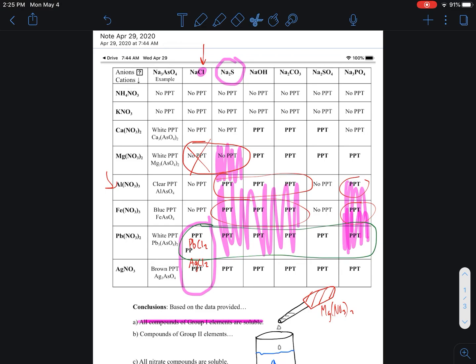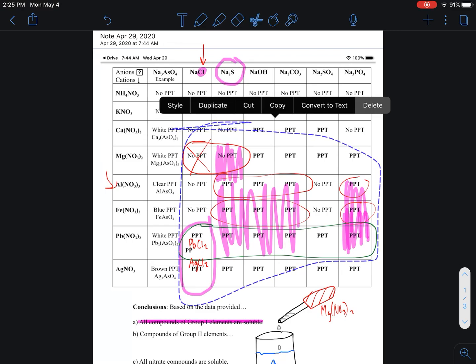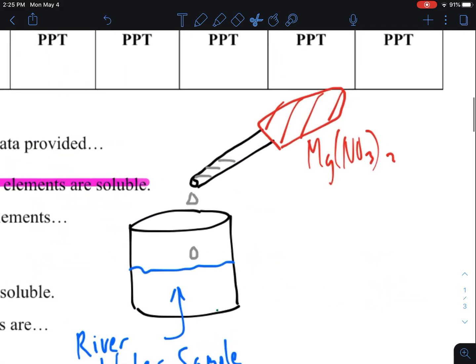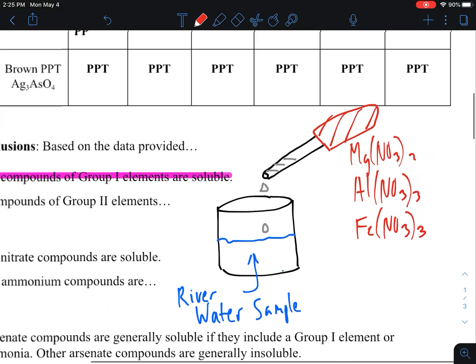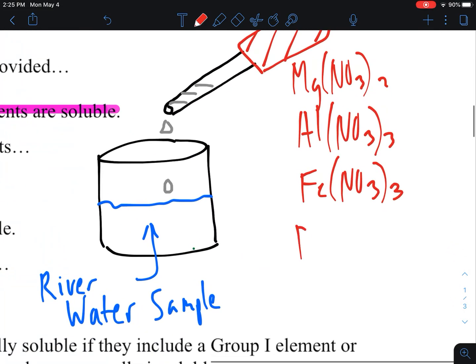Okay? So let me show you another way of showing all of this. We have 3 different compounds that we reacted, and lead.